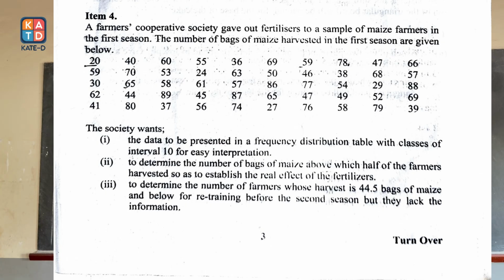2, to determine the number of bags of maize above which half of the farmers harvested so as to establish the real effect of fertilizers. 3, to determine the number of farmers whose harvest is 44.5 bags of maize and below for retraining before the second season, but they lack the information.